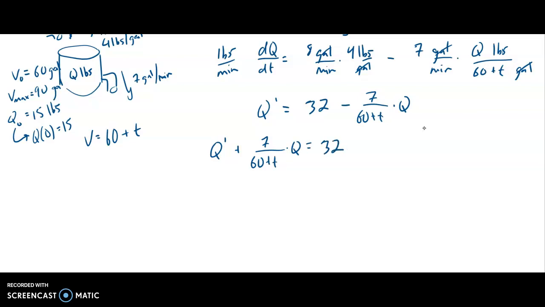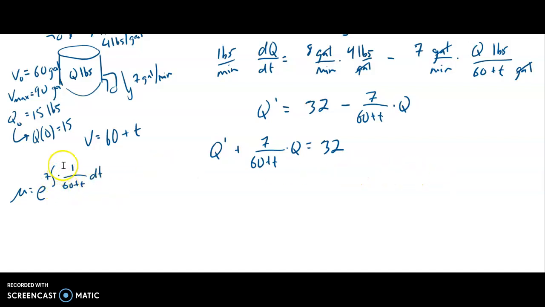From there, I need to calculate my integrating factor, my mu. So mu is equal to e to the integral of P of t dt, where P of t is the function that's on Q. So that gives me, I'm going to pull the 7 out front, times the integral of 1 over 60 plus t dt.